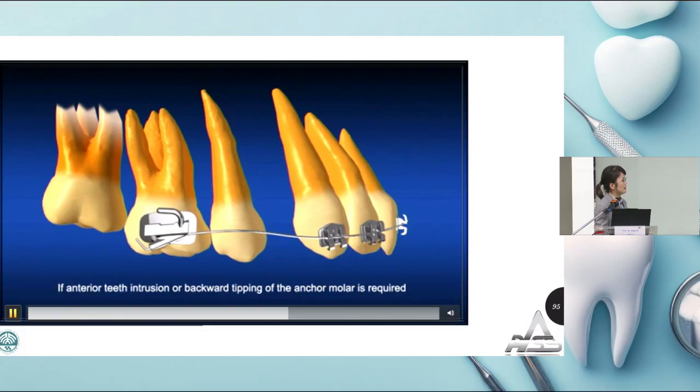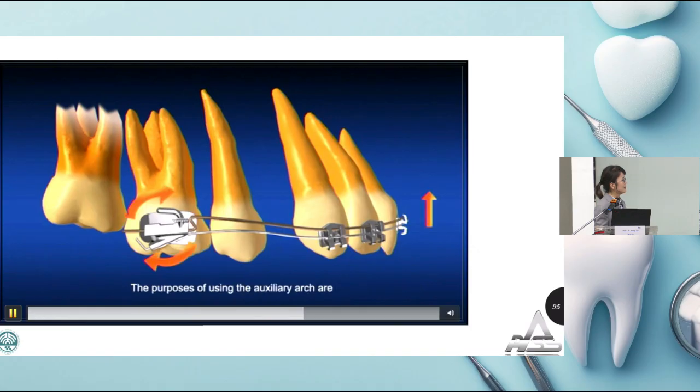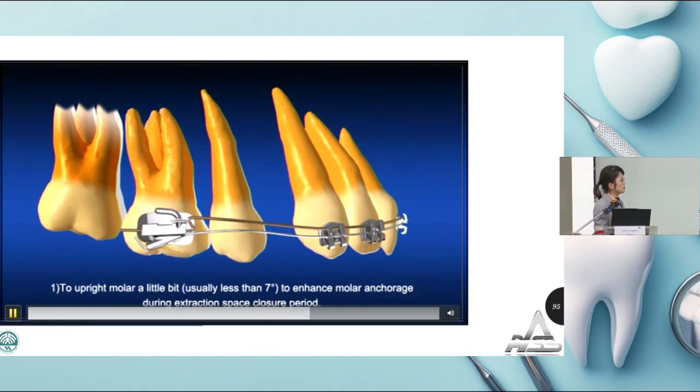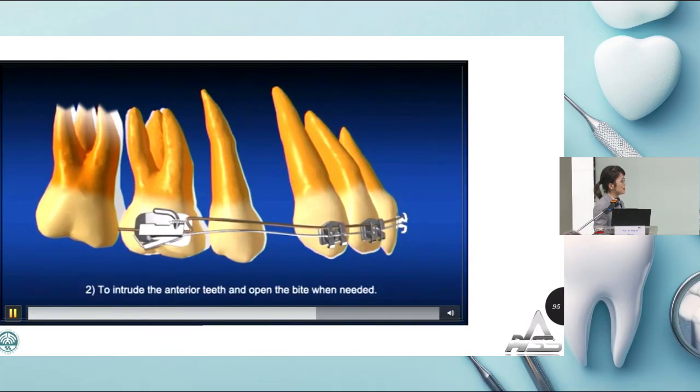When aligning the anterior teeth, we can use a piggyback arch. The purpose of using the piggyback arch is to upright the molar a little bit and prepare anchorage to intrude the anterior teeth.